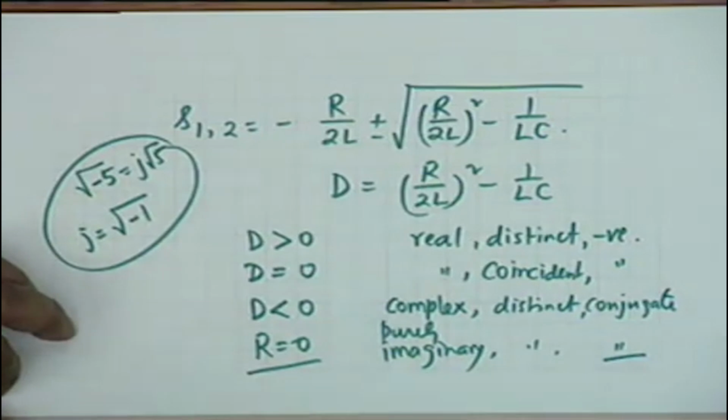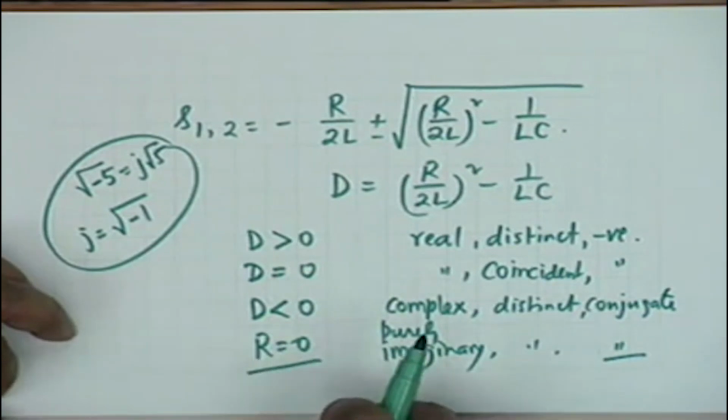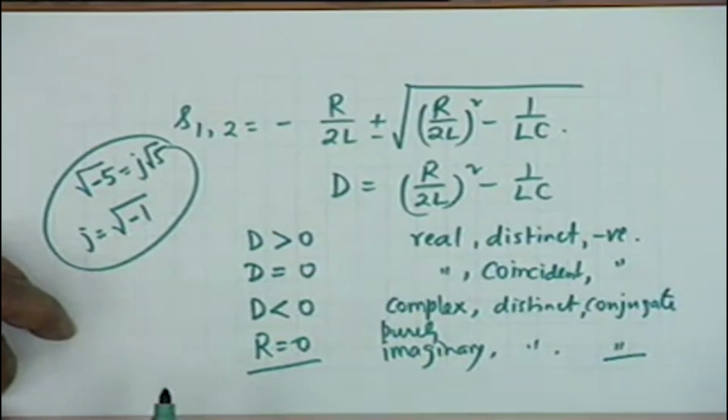So when d is 0, we will have a different solution for the differential equation. Because we'll have to have two independent solutions, and when d is 0, s1 will be equal to s2. In the case of repeated roots, as you know in the differential equation, we have to have (a1 plus a2t) multiplied by the exponential.